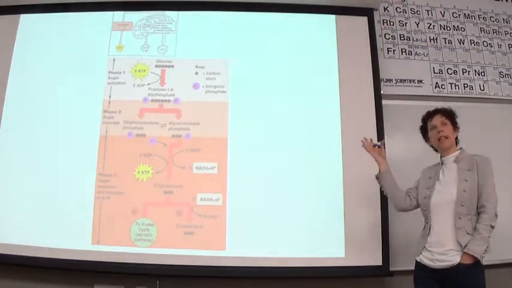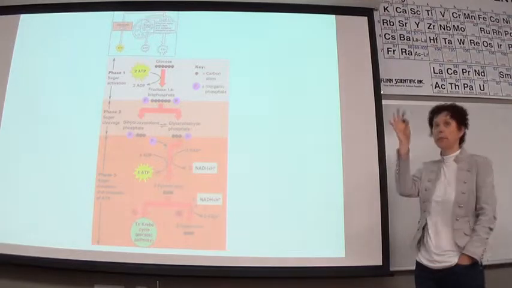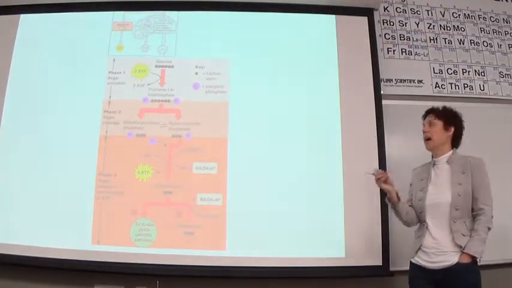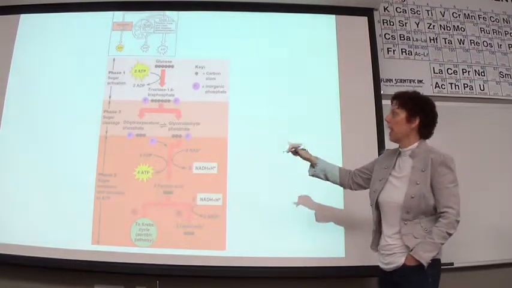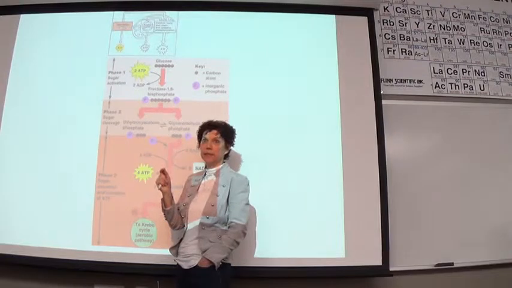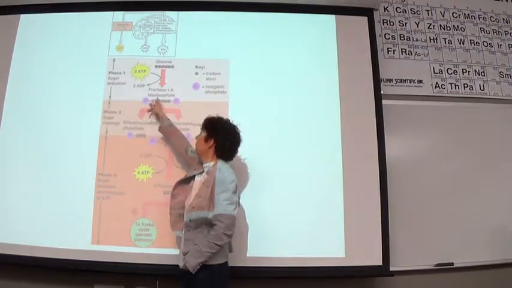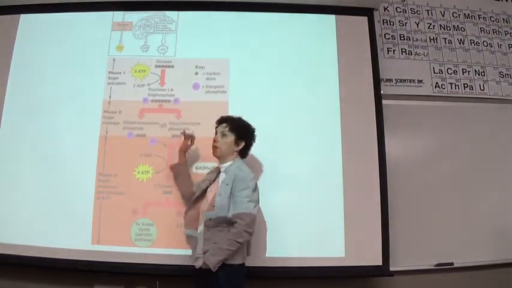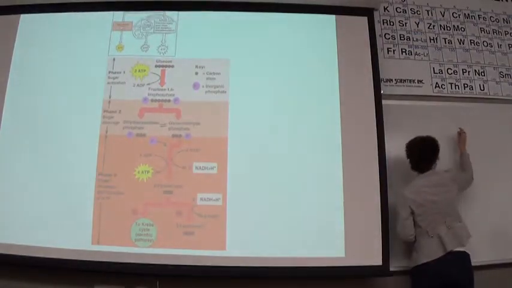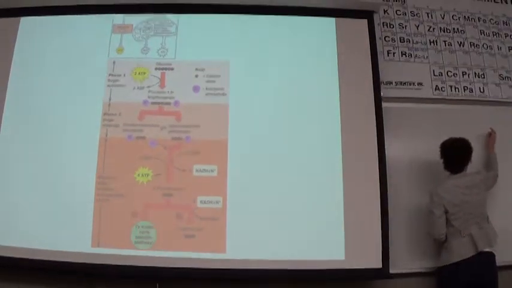So when we reorganize it to fructose, we still have the 6 carbons. Okay, the carbons are numbered, and so that's where you see the 1,6. One phosphate is on the first carbon, and one phosphate is on the 6th carbon. All right. So we start out with 6 carbons.